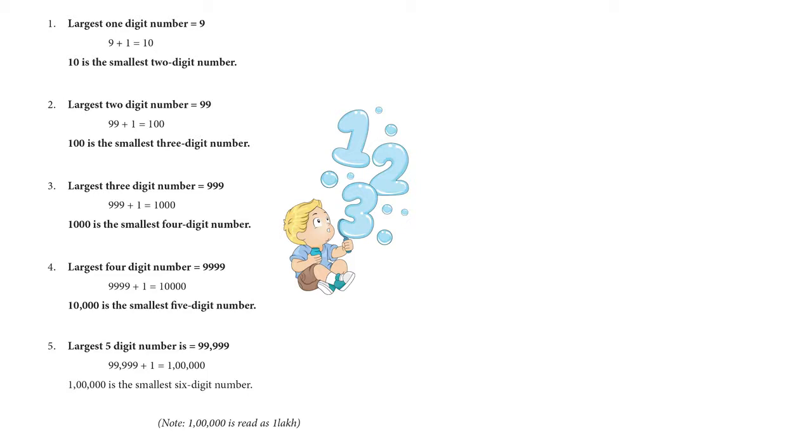The largest 4 digit number is 9999, and the smallest 5 digit number is 10,000, and the largest 5 digit number is 99,999. So, the numbers are getting more and more, and the smallest 6 digit number is 100,000, and we call it 100,000 or 1 lakh.